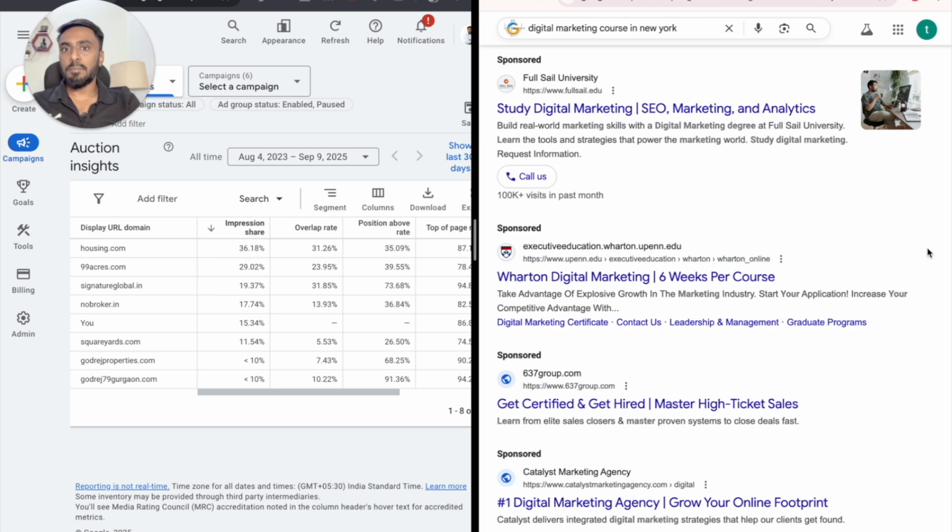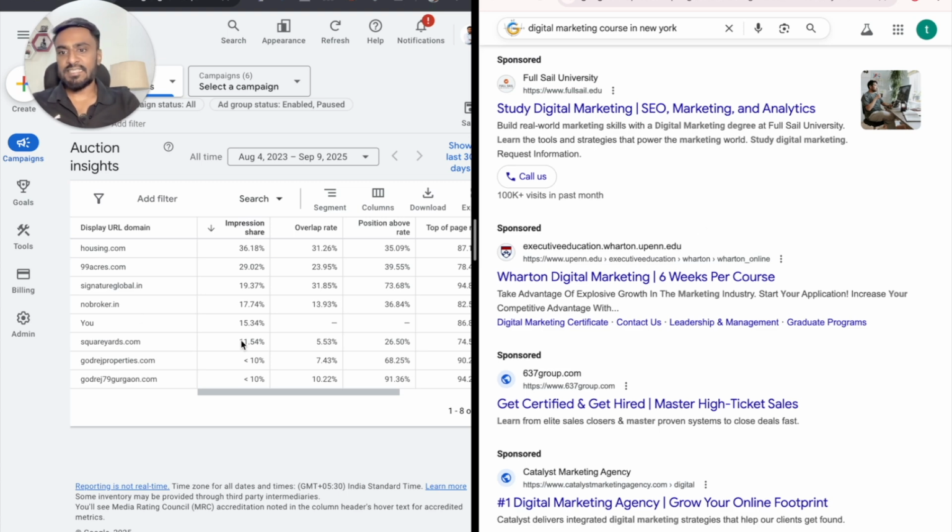You can also simplify it this way: how many people search for the keywords you are targeting, and you were allowed to show your ads for those keywords, but due to some scenario your ad was not visible. Then the number of times your ad was actually shown on Google is your impression share. With the impression share, we can figure out what the volume is right now for the people in the market, and how many people we are able to cater to using our ads.